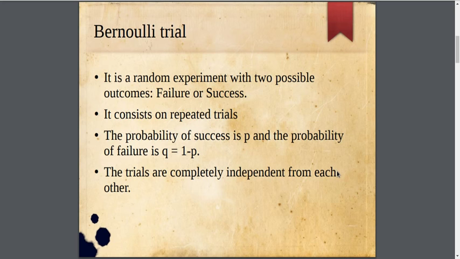Why? Because if you only have one trial and your experiment only has two possible outcomes, of course the probability of each event is 0.5. And these repeated trials are very useful, because if you are the CEO of a company, you want to test your production process.